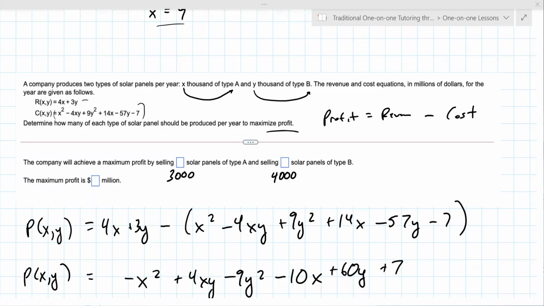I got negative 88. That's for the cost, right? Okay, the cost, you got to find revenue. It's this line right here. So it ends up actually being okay. I get 112 million for solar panels.